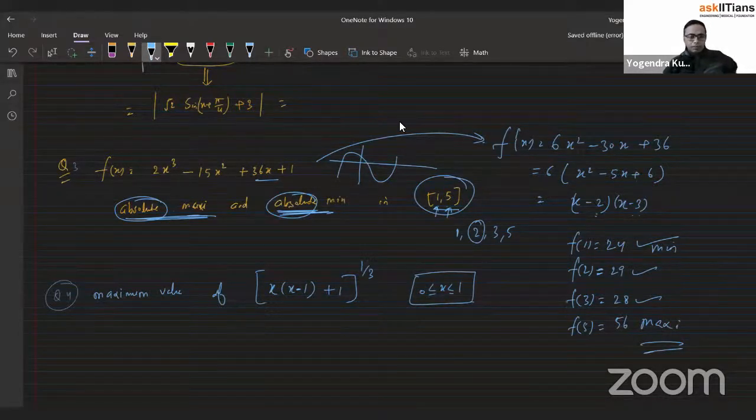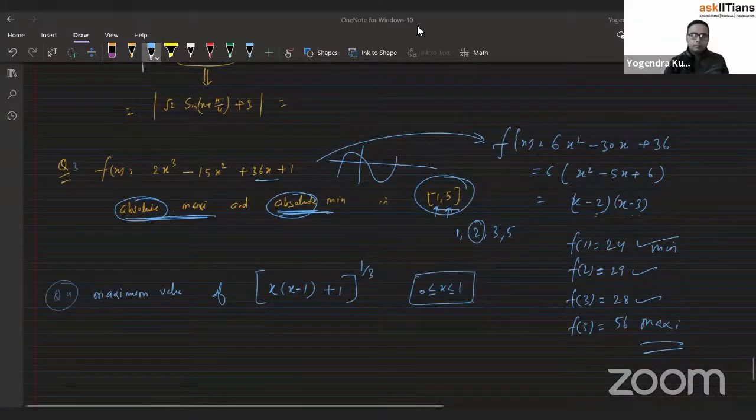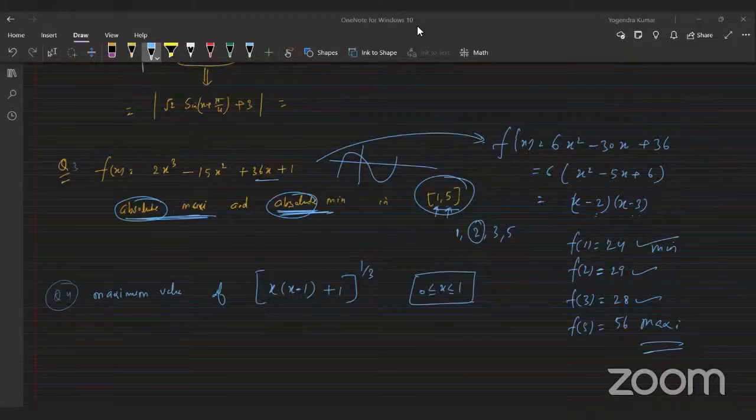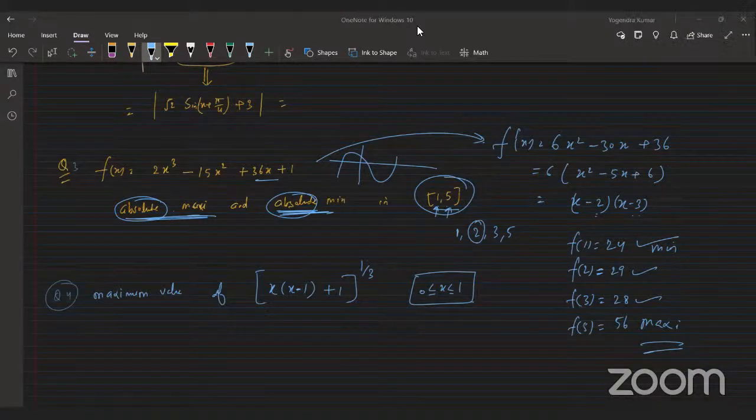Tell me. Yes, Prithvi. But if we put 4, we are getting a higher value than 5. Seriously? No, not possible. Wait, what is it becoming?